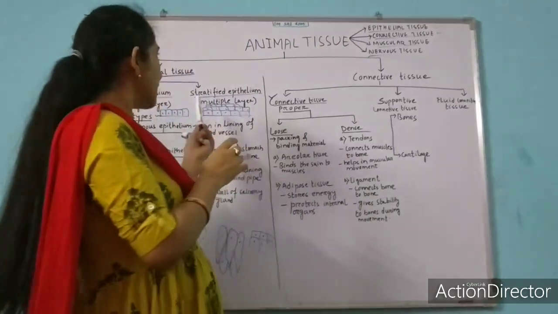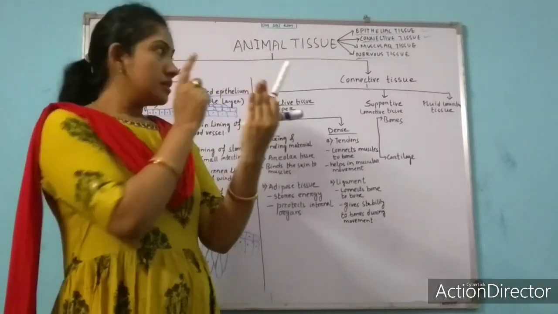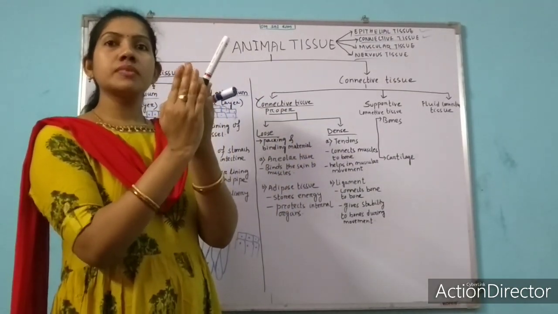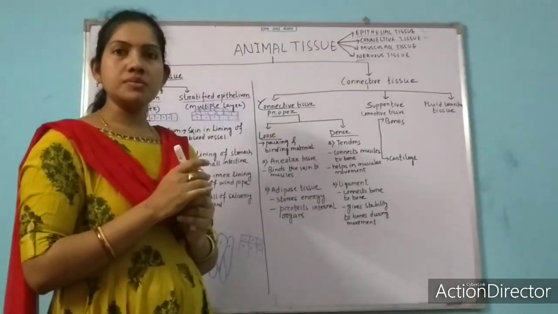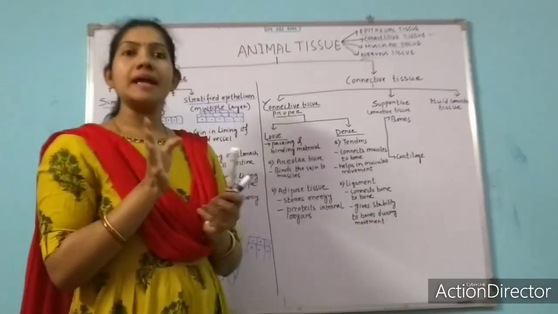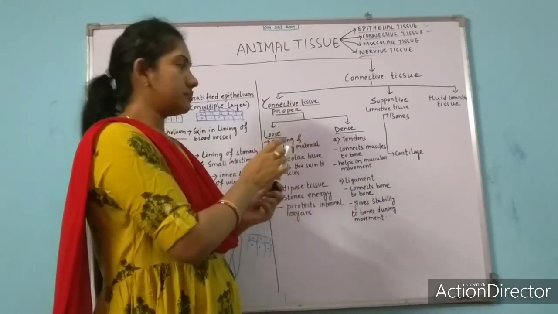Suppose this is the epithelial tissue, then this loose connective tissue helps it attach with the lining of the organ. This is the main work of this. That's why I have written that it acts as packaging and binding material.